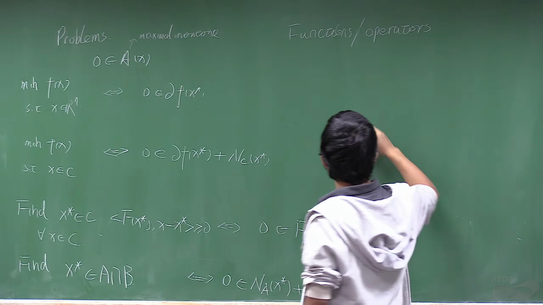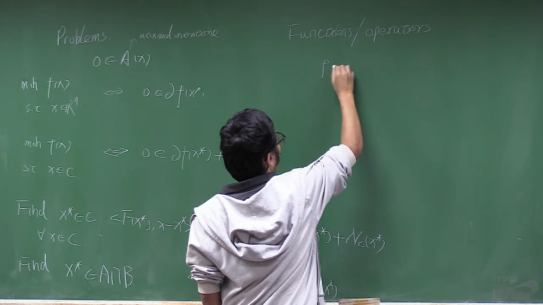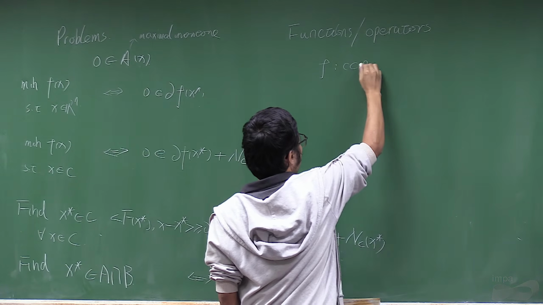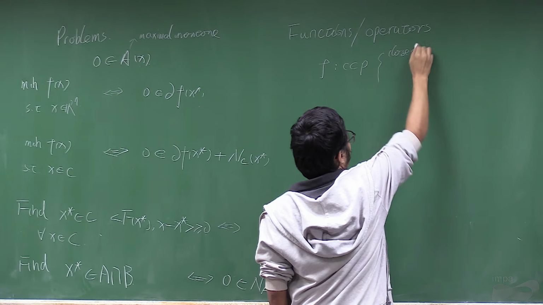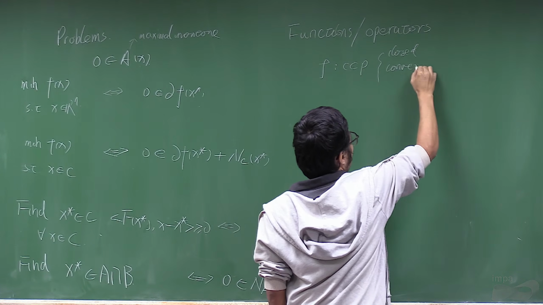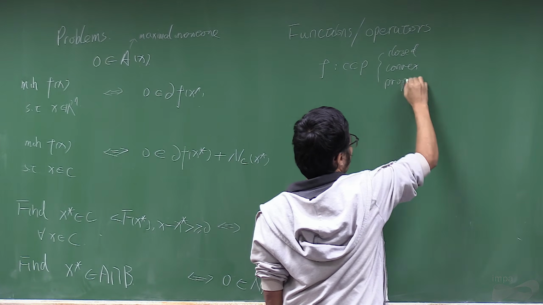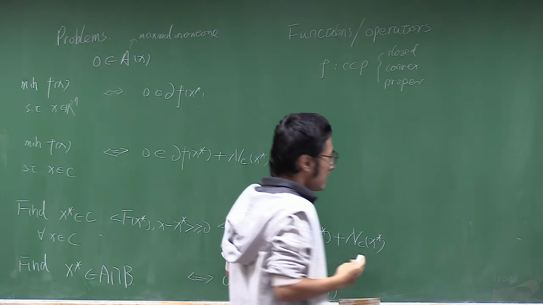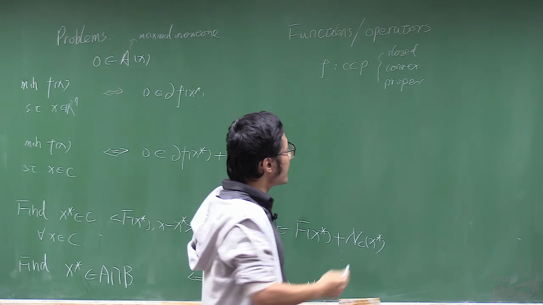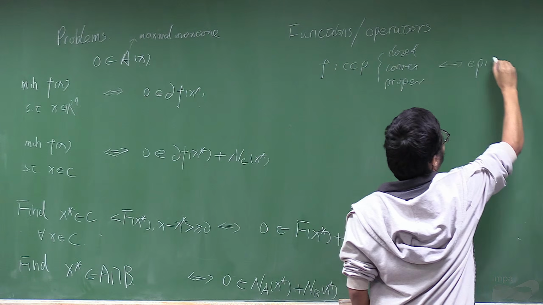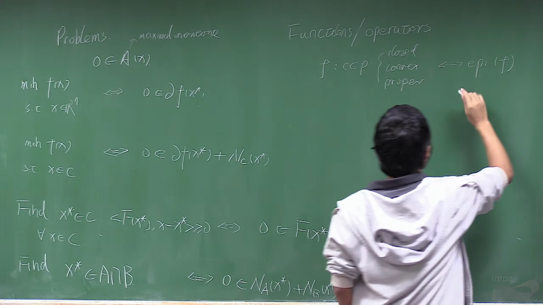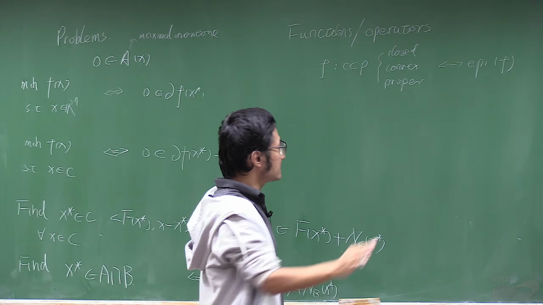First, we have studied a function f, which is called a CCP function. CCP means closed, convex, and proper. We can use another definition, which is called the epigraph of the function f, to discuss the corresponding properties.